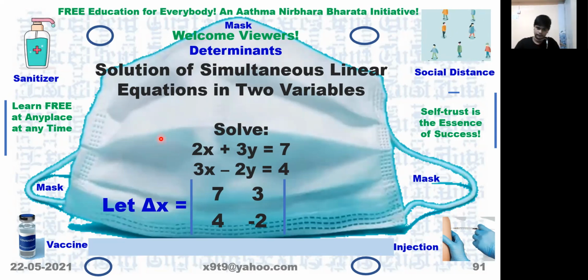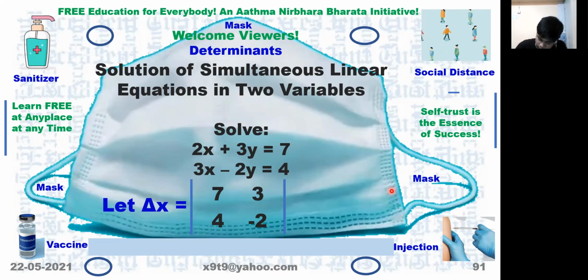Now, instead of writing the coefficients of x, you write the constant terms on the right side, whatever is there, in place of the coefficient of x. That is 7 and 4 will come here as the first column. Second column, you keep the coefficients of y only, 3 and minus 2.